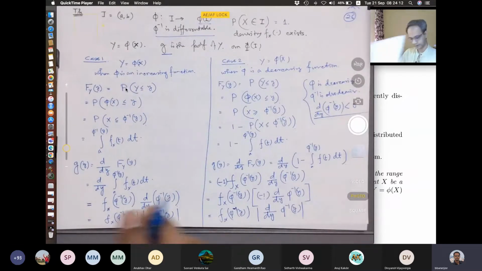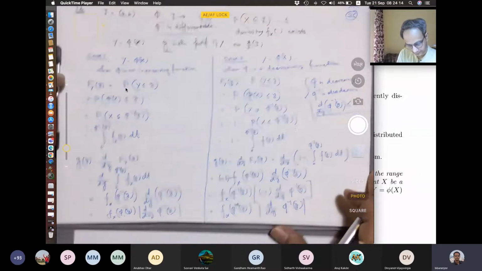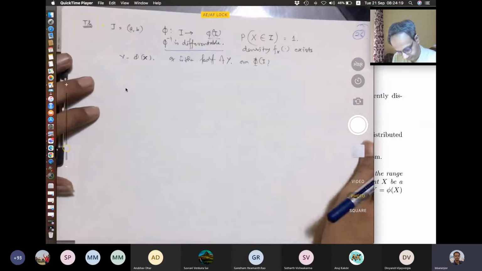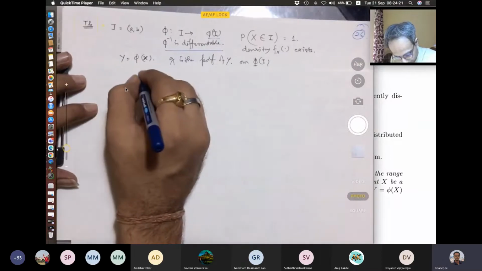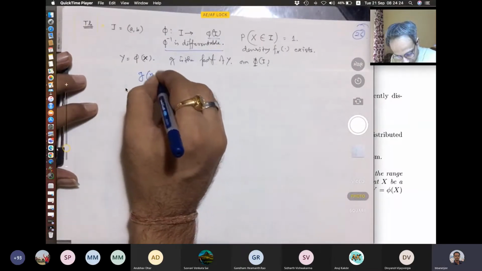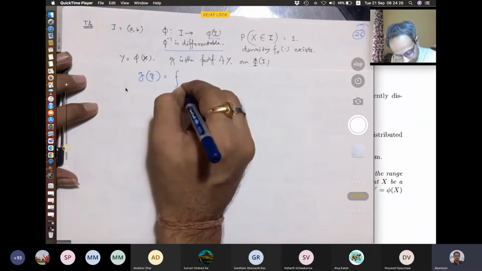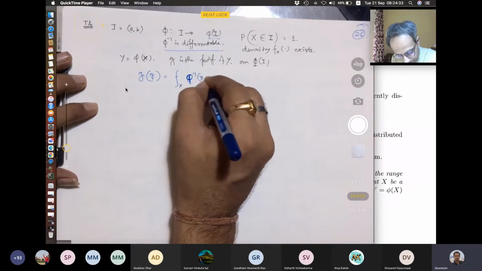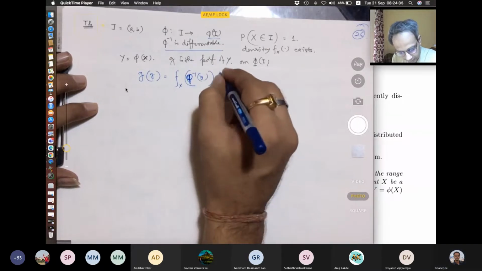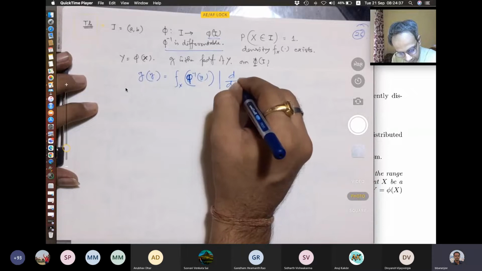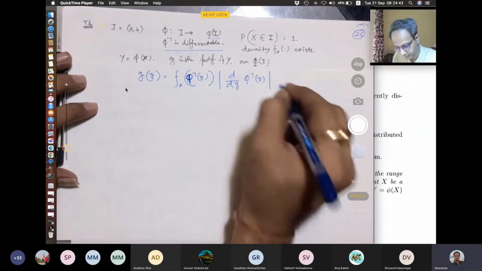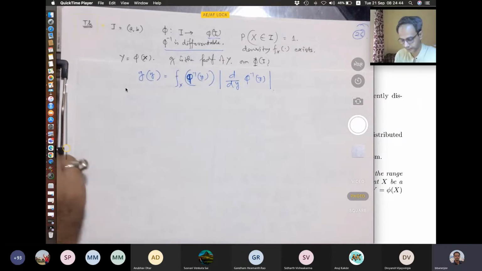So the idea is this. Just a second. So g(y) is f of x at phi inverse y, times the absolute value of d/dy of phi inverse. Okay, so remember this thing.